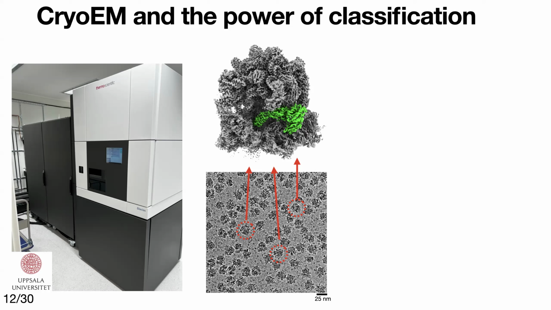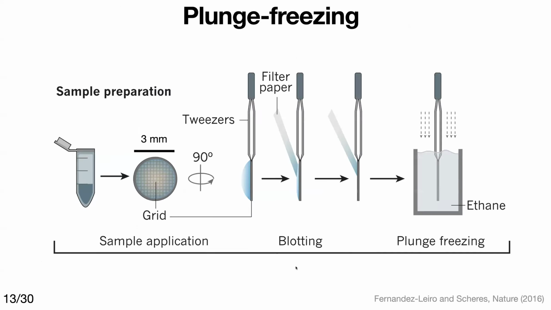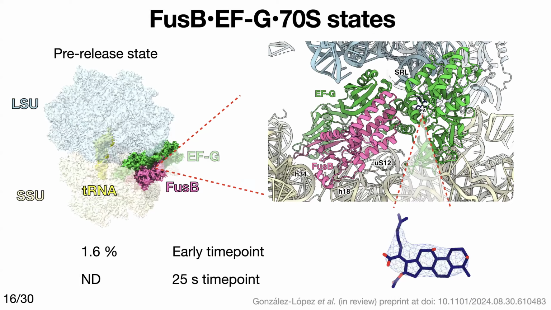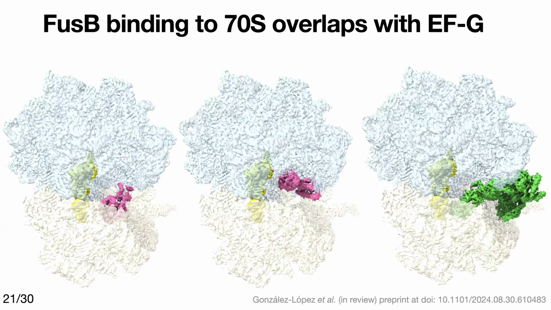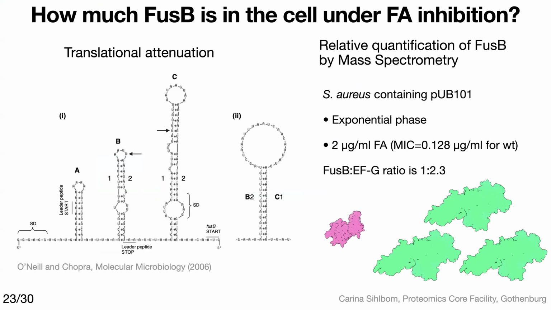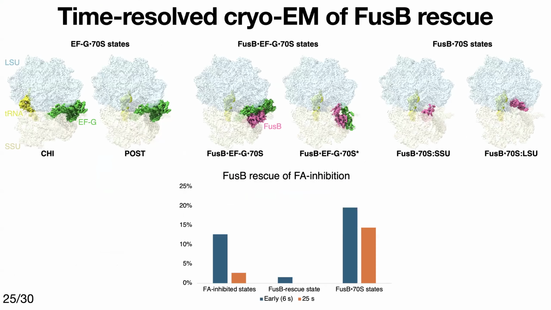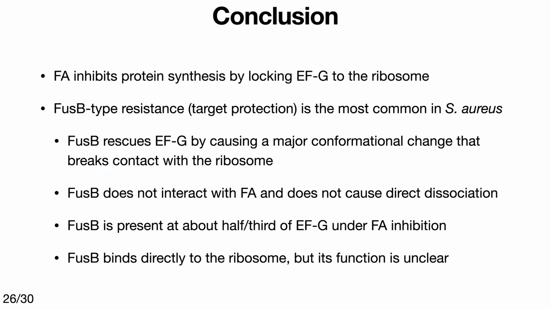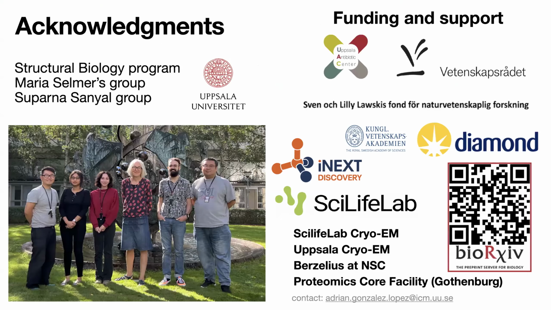And the second question is, you showed very nicely how FUSB unlocks EFG from the ribosome. Is that an energy dependent mechanism, so that FUSB changes some sort of conformation, or is FUSB structure pretty rigid? It just takes EFG out, and then it continues to do its job.